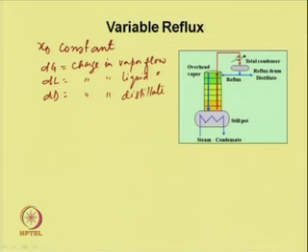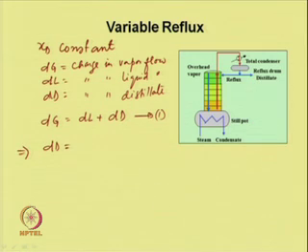If we do the total material balance, we can write dG would be dL plus dD. Rearranging these equations, we can write dD would be equal to 1 minus dL by dG, into dG.